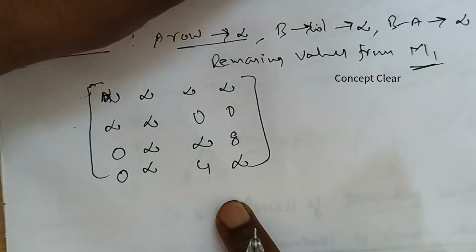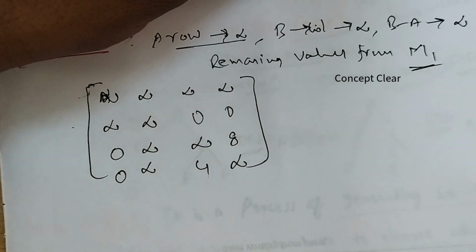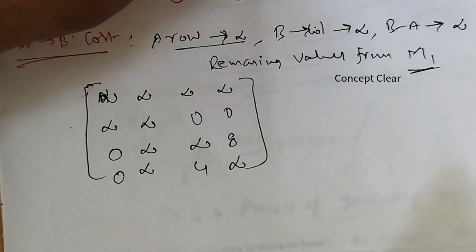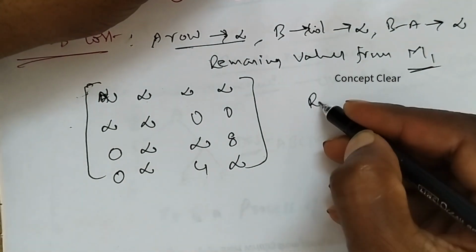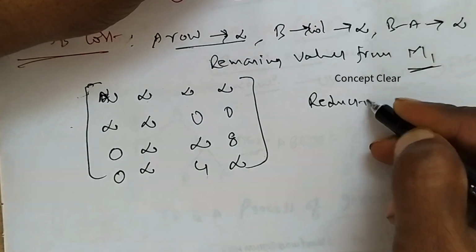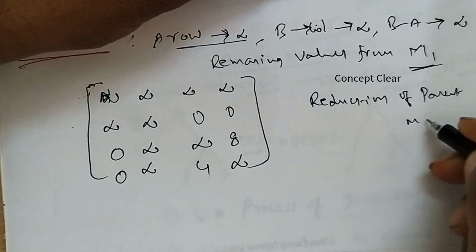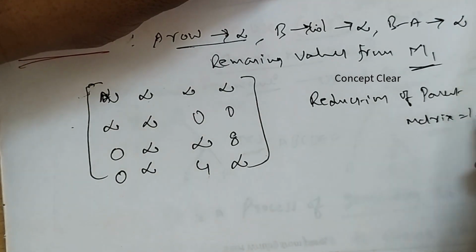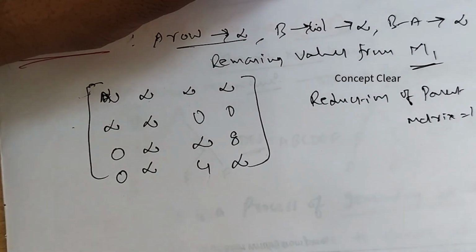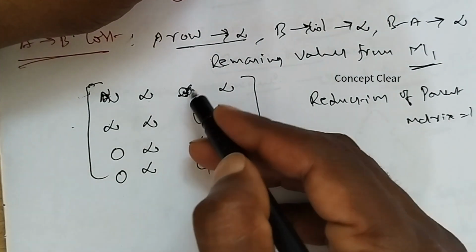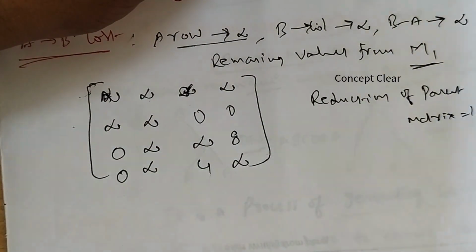Now what do I have to do? The reduction of the parent matrix is 16. What is the previous reduction value? The reduction of the parent matrix equals 16. Now we have to reduce these matrix values again. How to reduce?